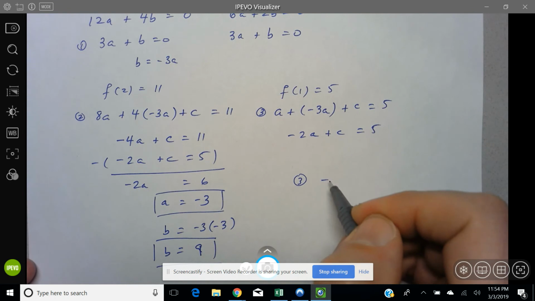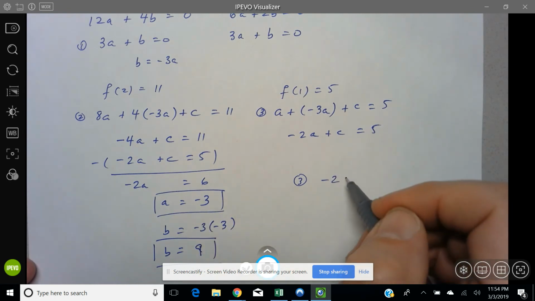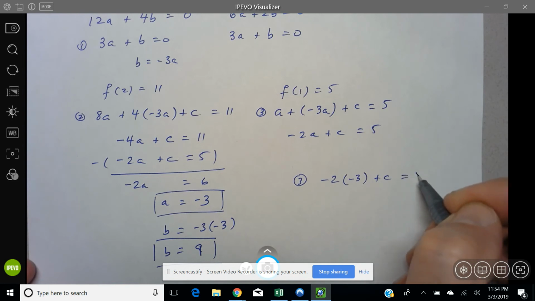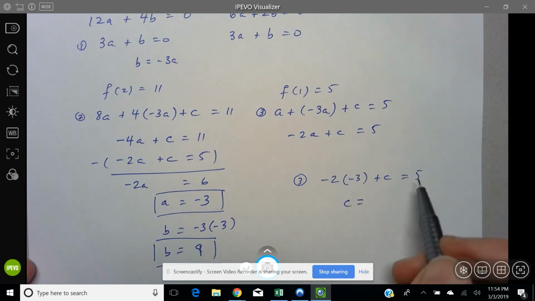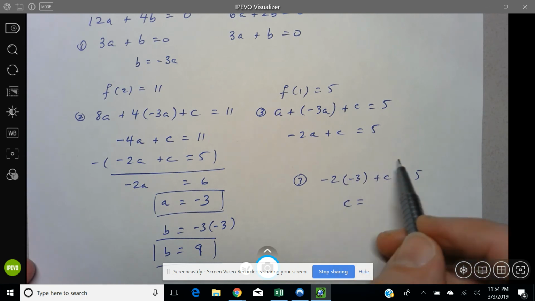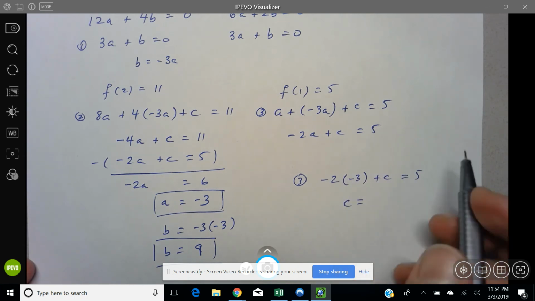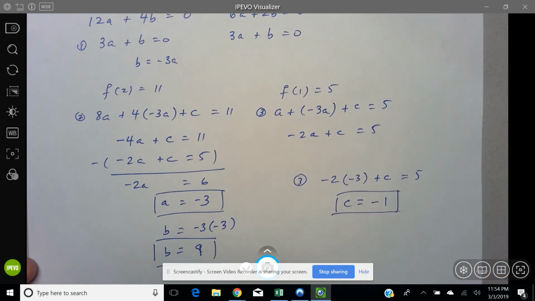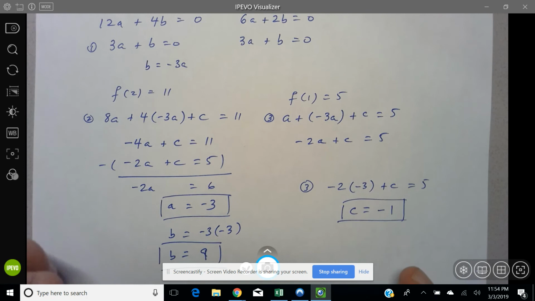So here I have negative 2 times a, which we just found was negative 3, plus c is equal to 5. So this is 6. Negative 2 times negative 3 is 6. When I bring it to the other side, it's minus 6. 5 minus 6 is negative 1. All right. So we found our solution.